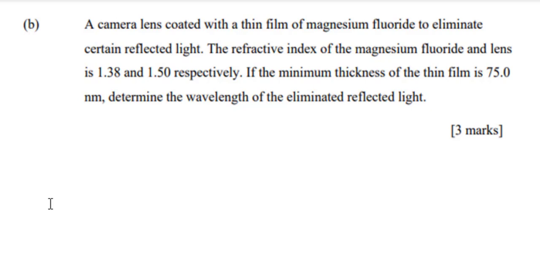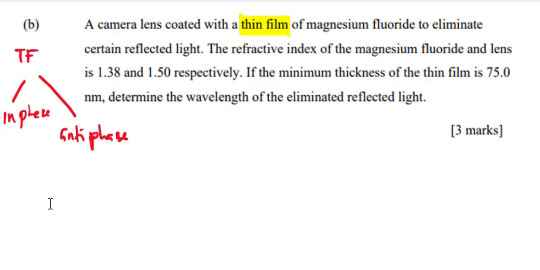The first thing we need to know is what the case is for this question. Since it mentions thin film, automatically you can figure out that it is a thin film case, right? And for thin film, we have to determine whether it is in phase or anti-phase.